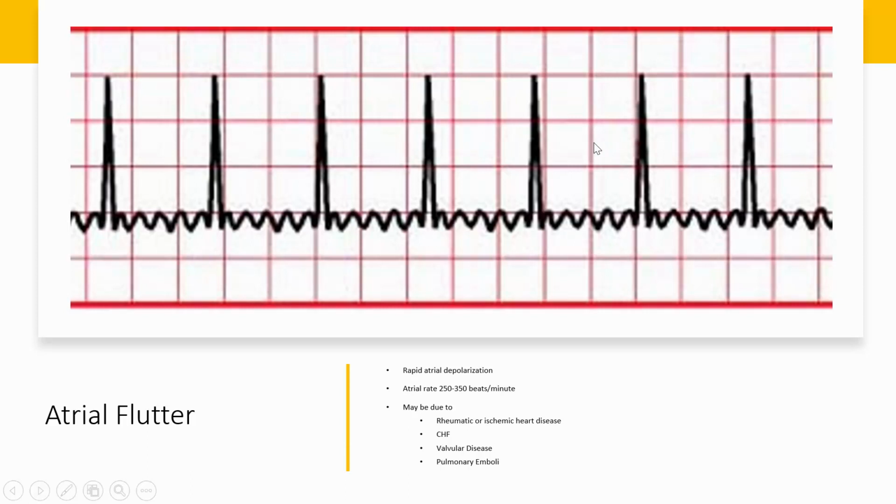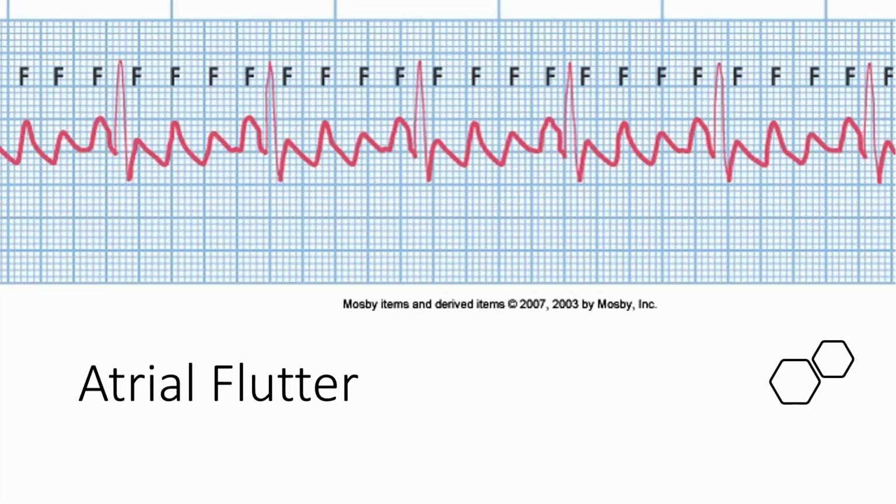Again, in A flutter, you have lots of things that can cause it: CHF, alcoholism, pericarditis, MI. Again, right here, this is another prime example. So let's do our 5-step method on this because we can always use some practice with that. The first thing you're going to look at is your overall rate.